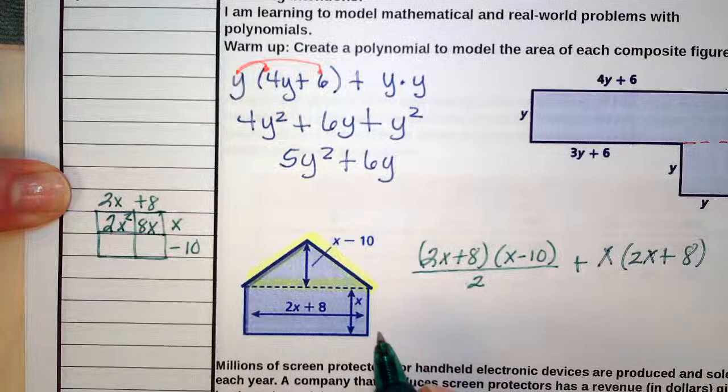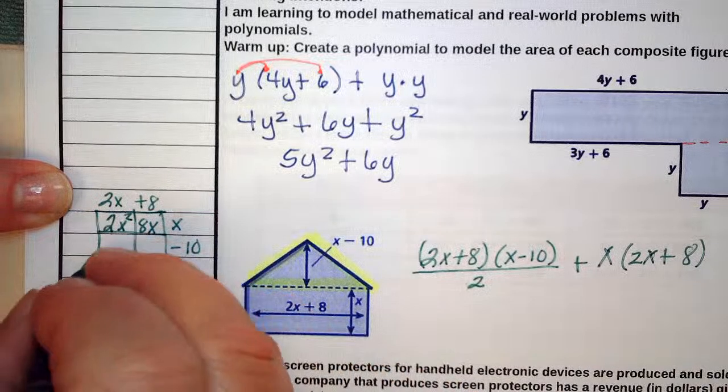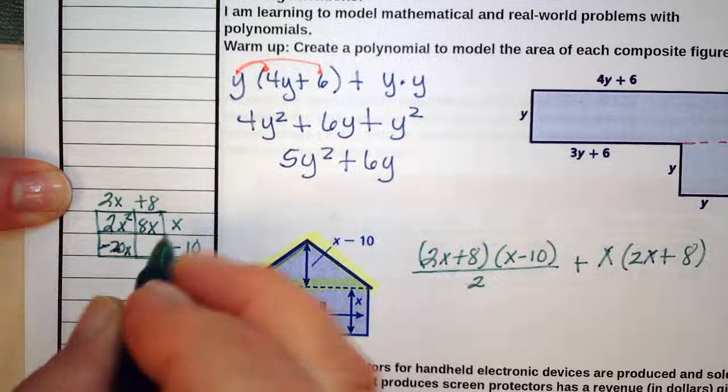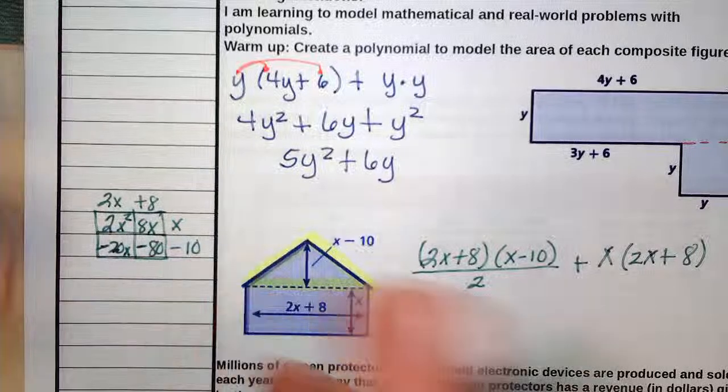I'm done with the first row. 2x times negative 10 is negative 20x. 8 times negative 10 is negative 80.